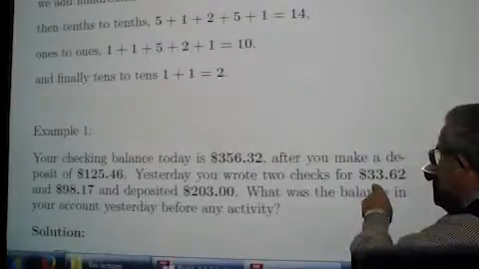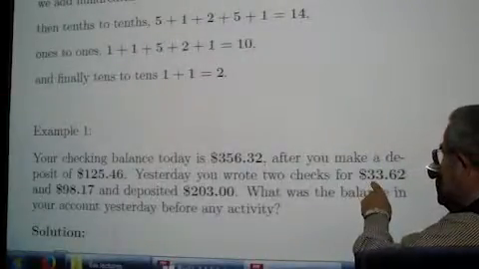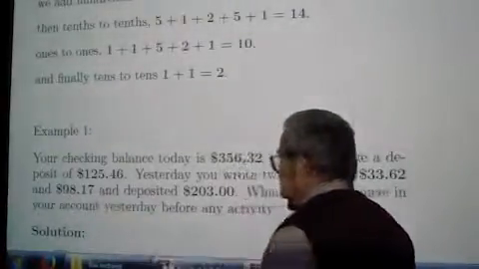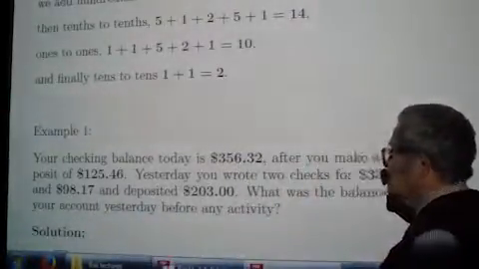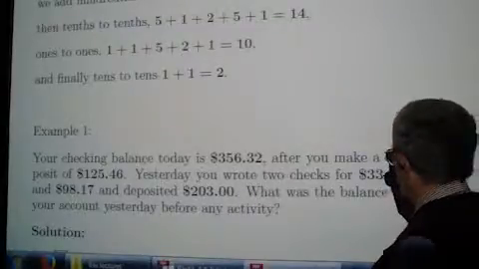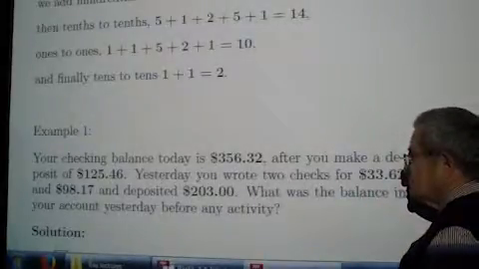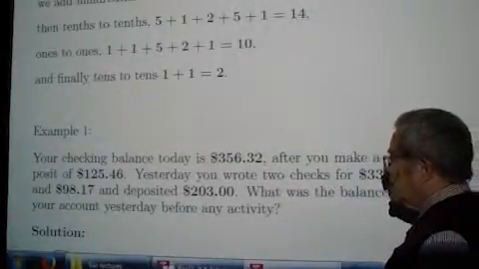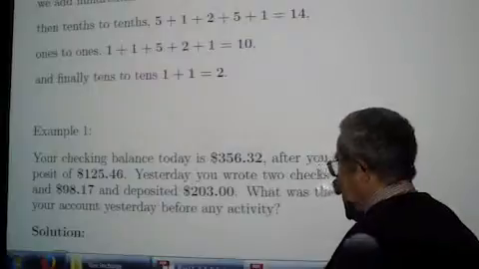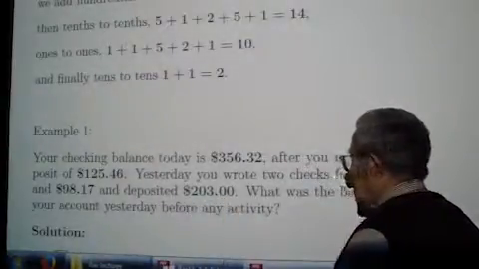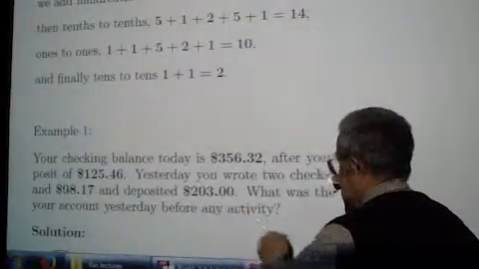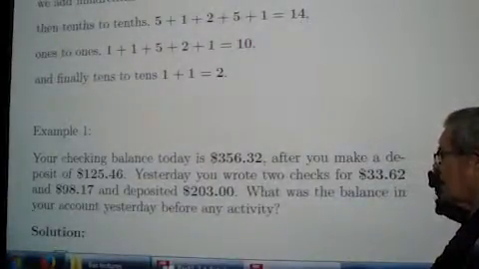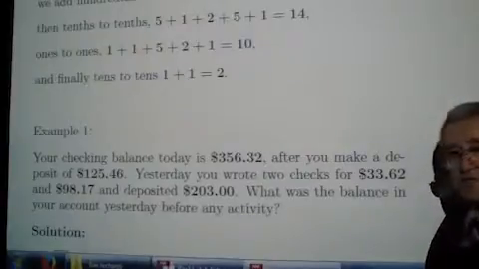Yesterday, you wrote 2 checks, one for $33.62 and one for $98.17. And yesterday also, you deposited $203 exactly, $203.00. What was the balance in your account yesterday before any activity?